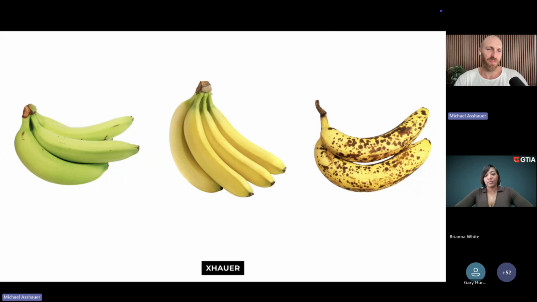So we first need to collect the green bananas, let them get yellow, and then afterwards we will have the ripe bananas. As you have it in the supermarket, you go to the supermarket, you already take the green bananas home, and then you let them ripen at home.